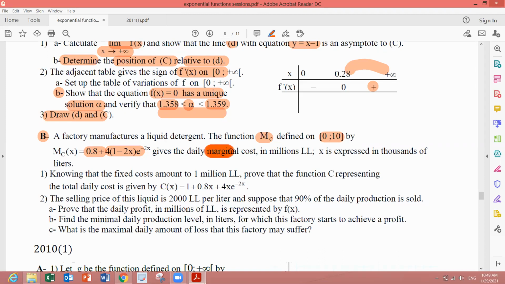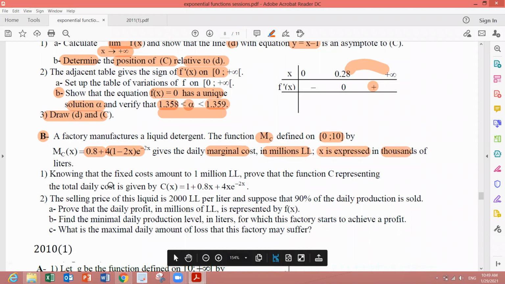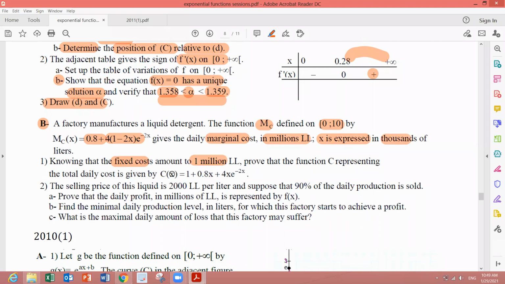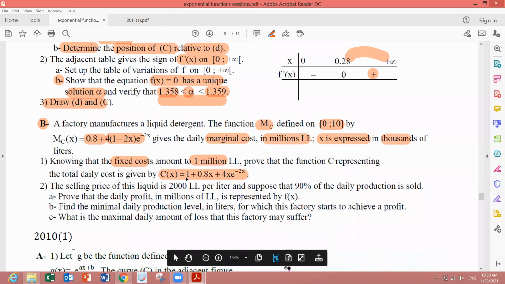The marginal cost is in millions of Lebanese lira, and x is expressed in thousands of liters. The x is the quantity in thousands of liters. Knowing that the fixed cost is 1 million, prove that the total cost is given by this relation. How to prove that the total cost is equal to that quantity?